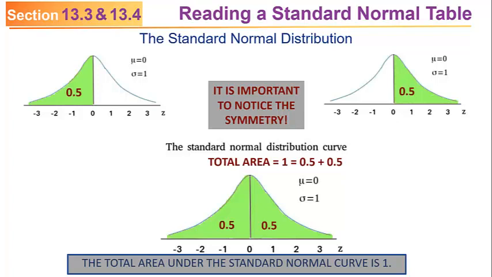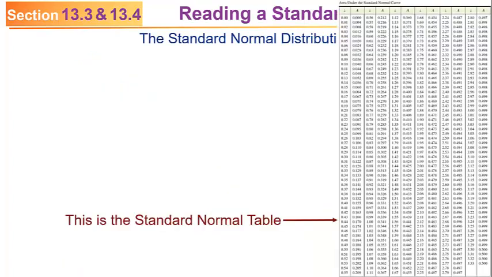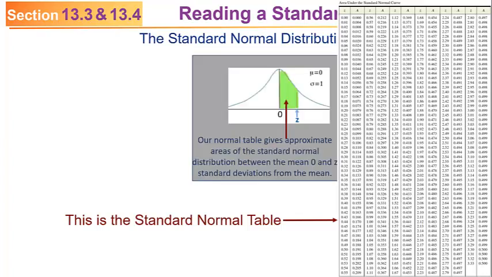is important. Now let's use it to work problems where we have to know how to read this standard normal table. For example, this is what you will see if you look in the appendix of the book, or if you look online in your software and pull it up. This is the standard normal table you'll get.